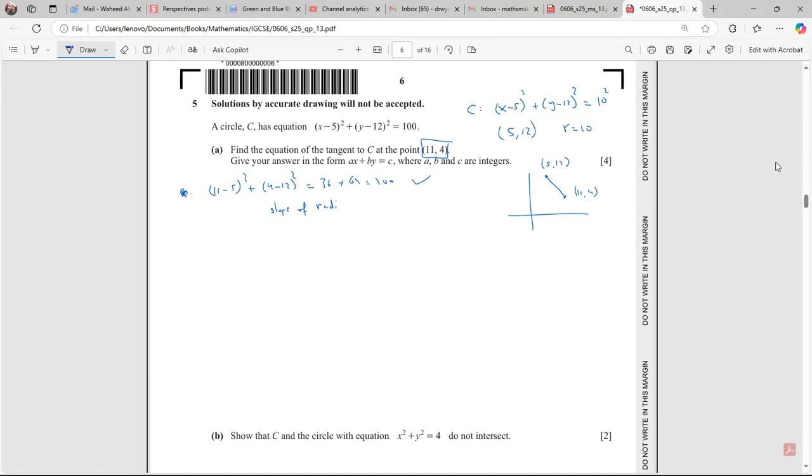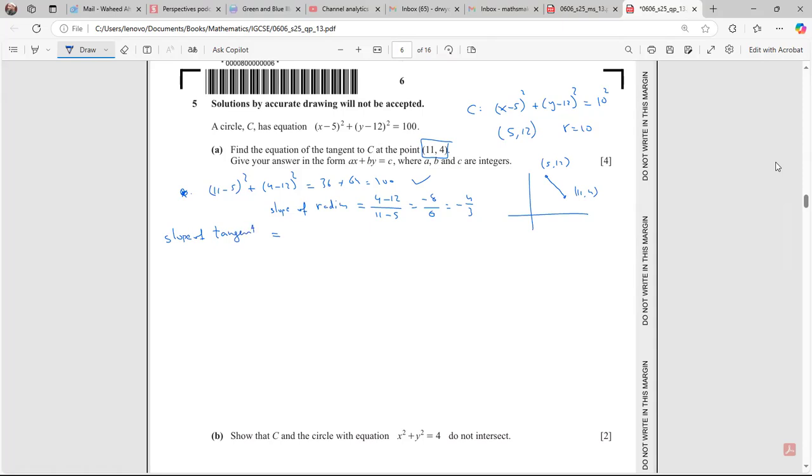I should not use this term, but let's say okay. Between these 2 points, y2 minus y1, 4 minus 12, over x2 minus x1. So this is minus 8 over 6, so minus 4 over 3. This is the slope of the radius. So slope of the tangent line.